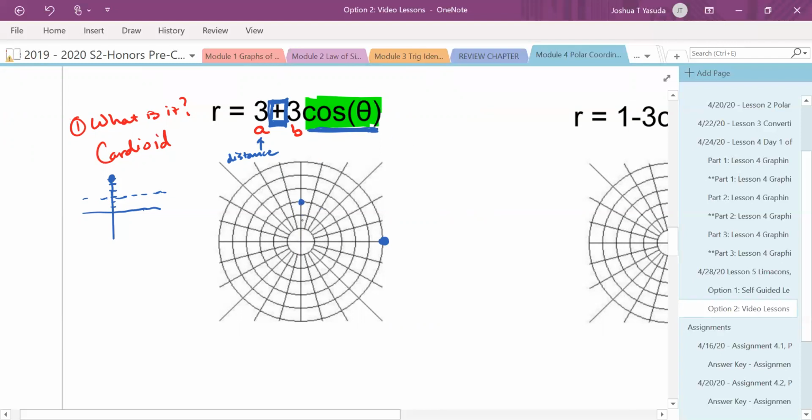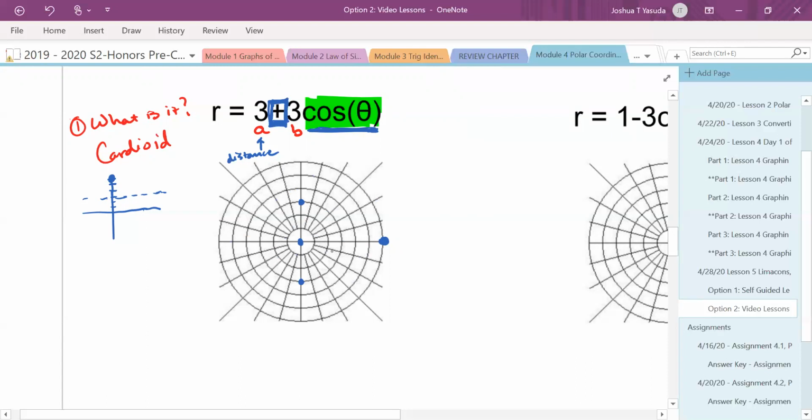So it's just the A value. So pi over 2 is 3, and 3 pi over 2 is 3. Pretty straightforward. And then at pi, in this case, you would get 0 because cosine of pi is -1, so that would make it 0. So you end up with these 4 points always for every cardioid.